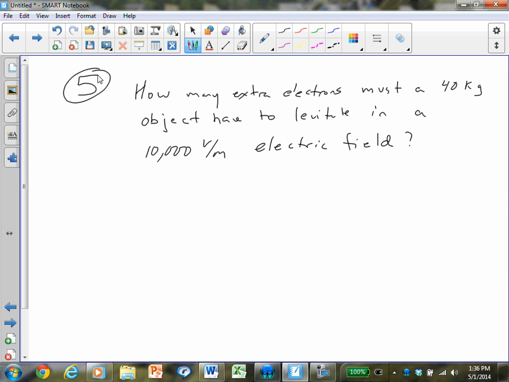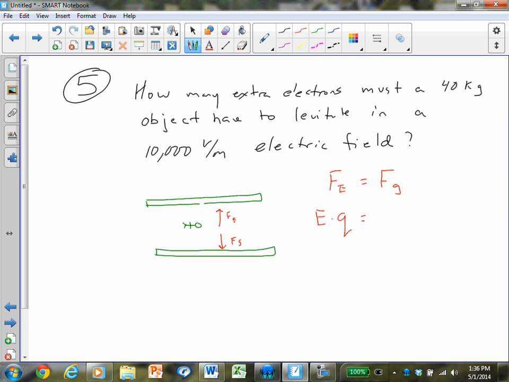Okay, so we have this giant electric field set up, and we have an FE force up and an FG force down on the levitating object. FE ends up equaling FG, but FE is EQ and FG is mg.